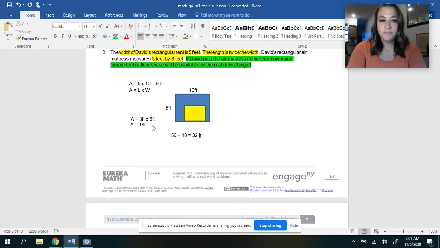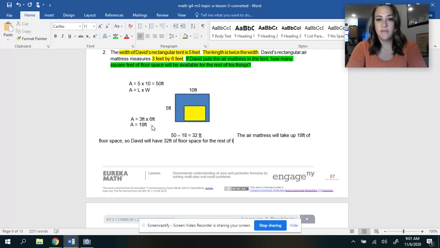So we can say, the air mattress will take up 18 feet of floor space. So David will have 32 feet of floor space for the rest of his things.